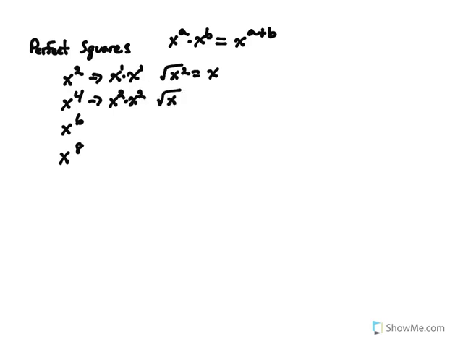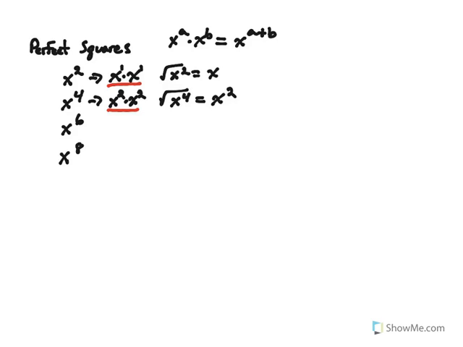So the square root of x to the 4th power is equal to x squared because of this reason right here. And the same thing for x squared. The square root of x squared is x because of this. X times x, we're adding the exponents.